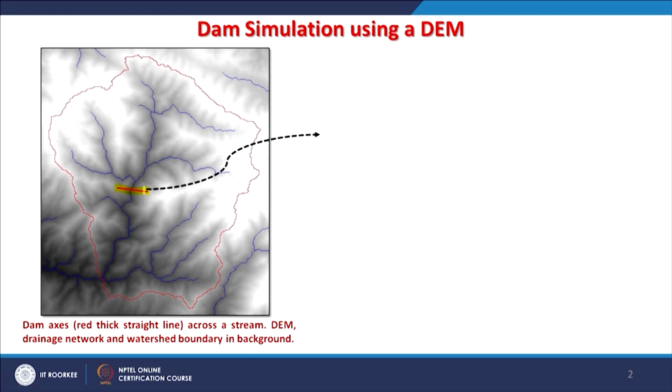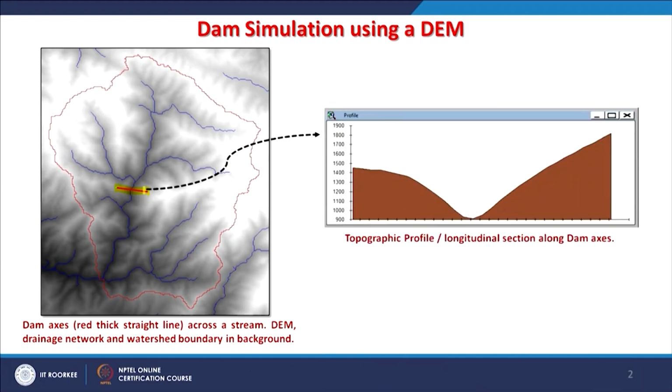Now, the height of this dam axis we can decide once we start getting this topographic profile. Like in GIS software, as soon as you draw a line, you can get a topographic profile like this. So, that means in this part I can fill with water and can create a dam, or a reservoir in the upstream, and inundate the water.